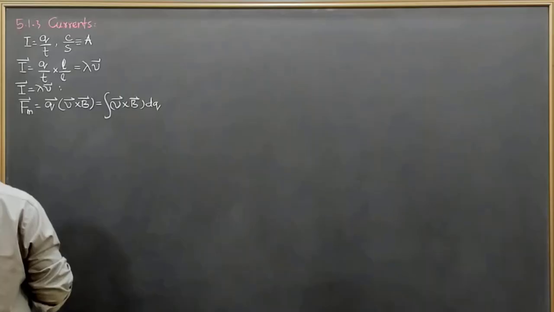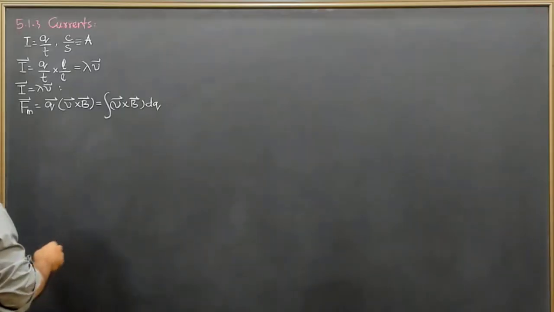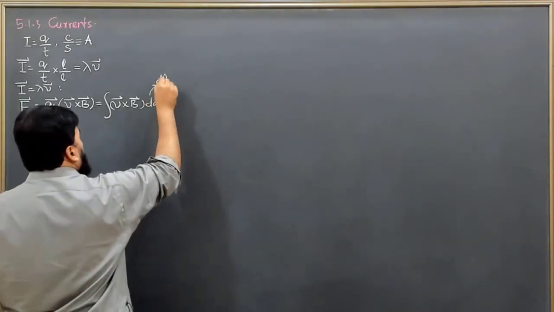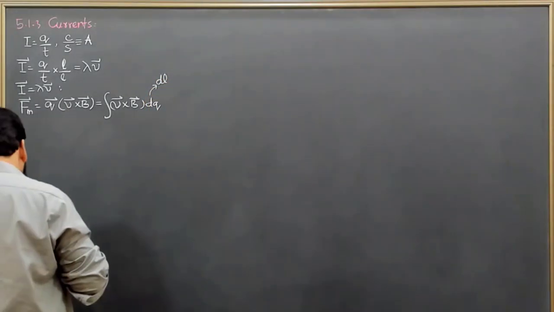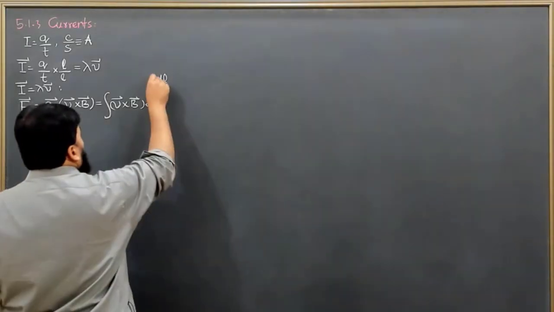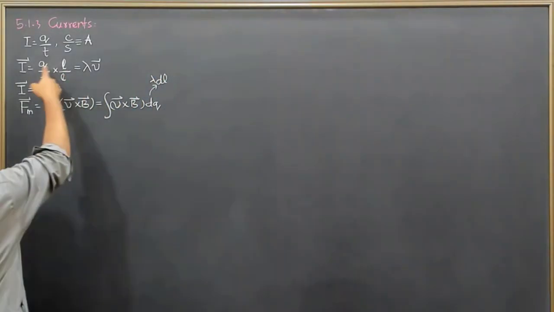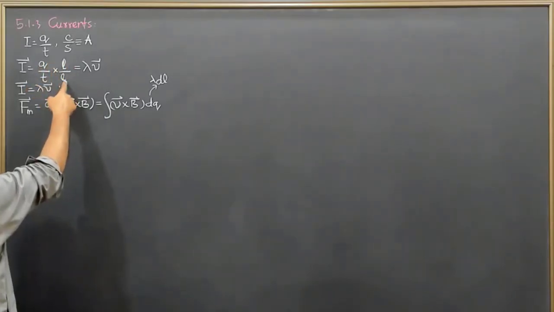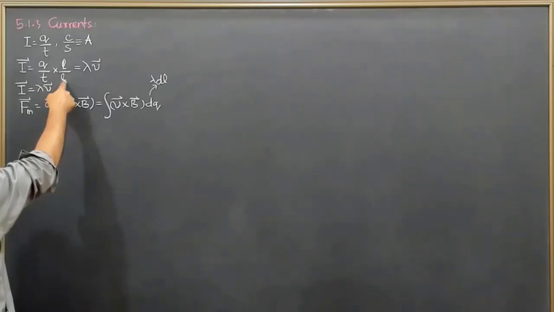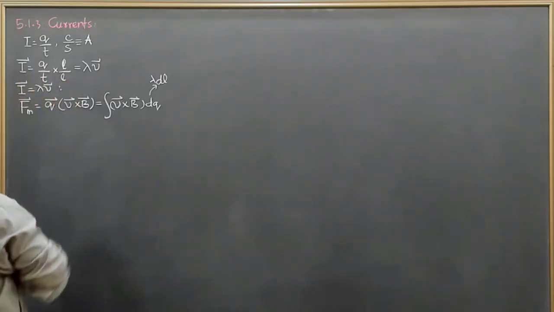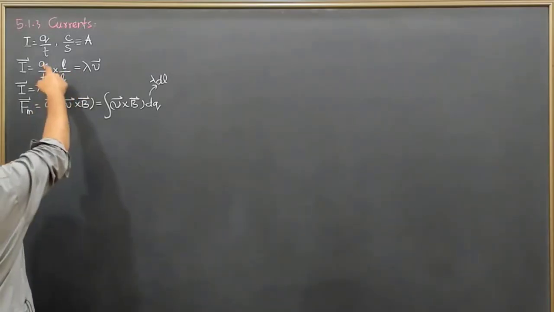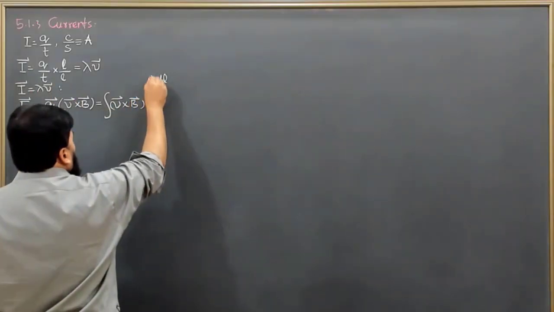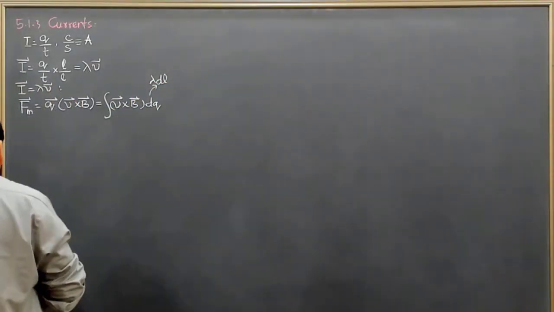And this dq I can write as lambda times dl, because lambda I defined is charge per unit length. Q over L is lambda, so lambda times L will be Q. So lambda dl is dq.